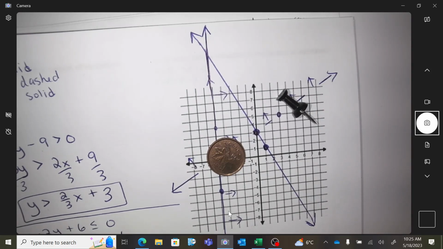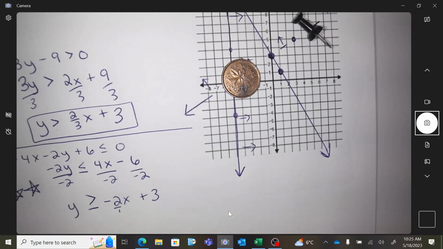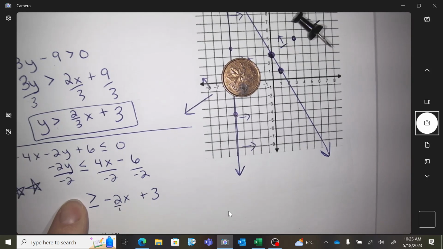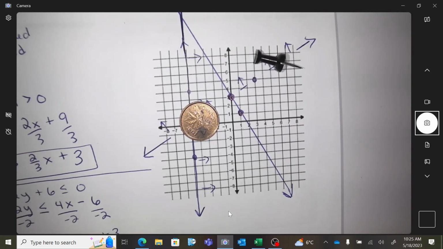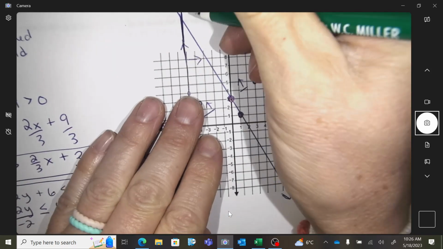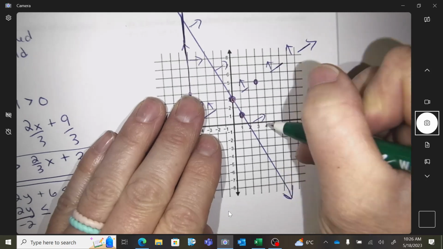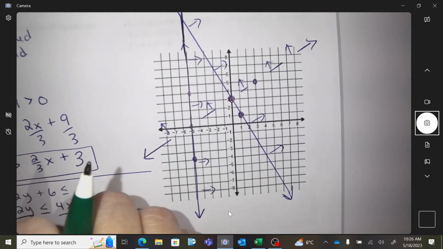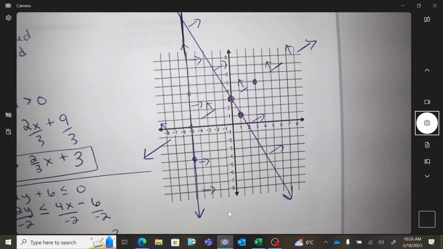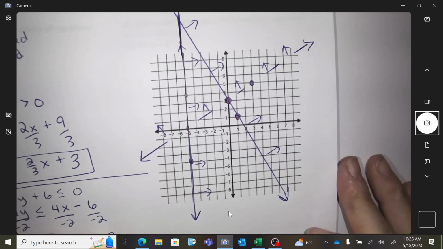And now I got to decide which side to be on. So after this flip, now it's going to say greater than. Greater than. So which direction heads the greater way? Thumbtack. So I'm going to show some arrows. Okay, so what works? Do you know where to shade now that we have everything indicated?